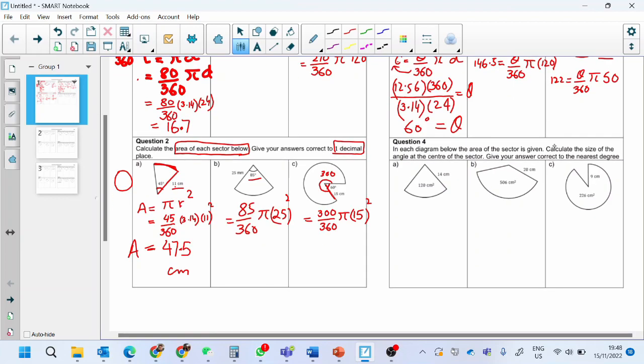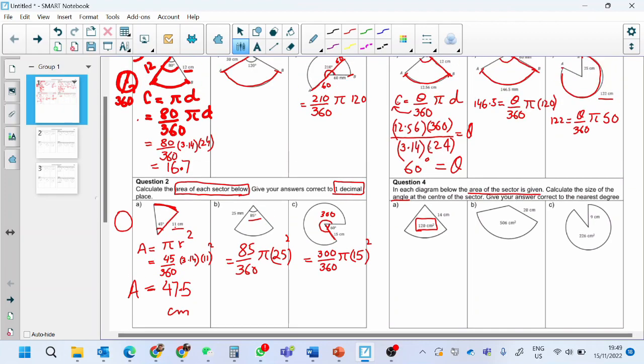And in question number 4, it says in each of the diagrams below, the area of the sector is given. So we have been given this as an area already, right? So the area is already given. Calculate the size of the angle. Previously we were given the arc length, the length of the arc.